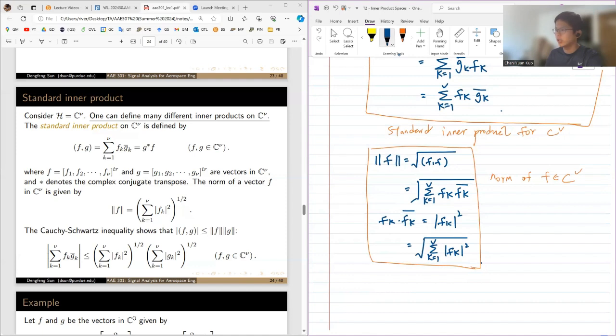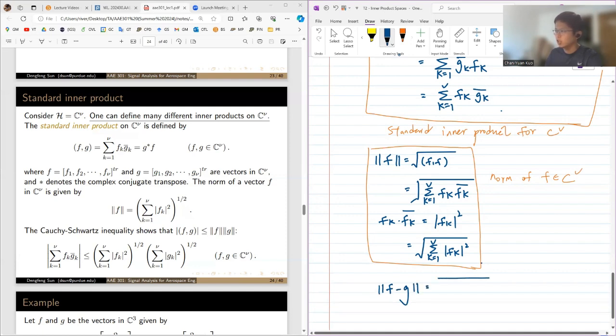And now let's look at how we can measure the distance between two vectors in C^ν with the standard inner product. Here we look at the distance between f and g, and by definition it is equal to the square root of the inner product of f minus g and f minus g.